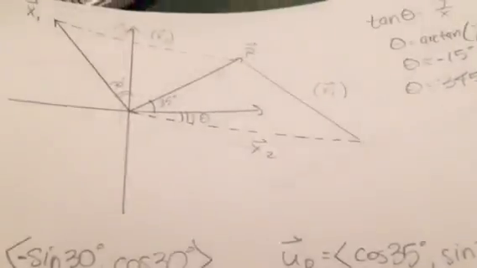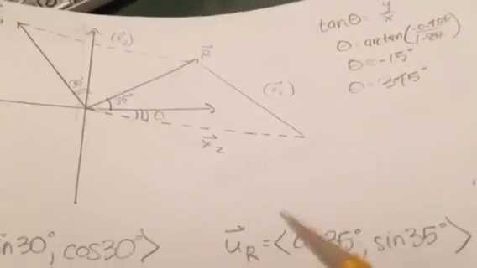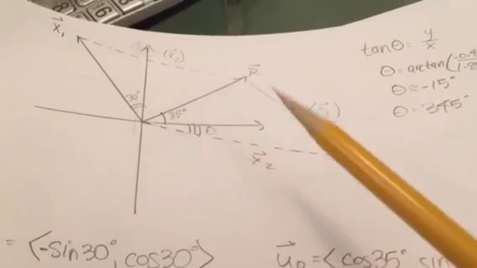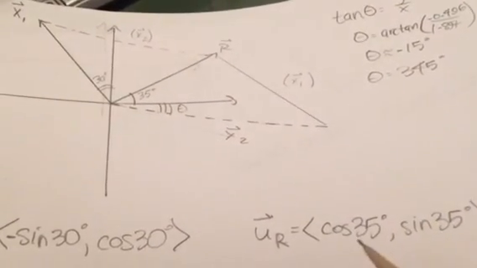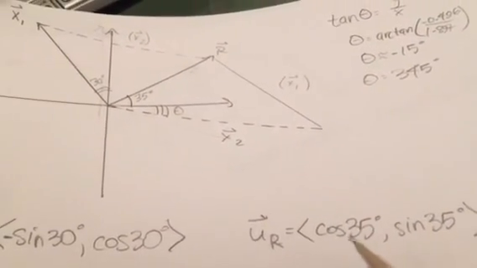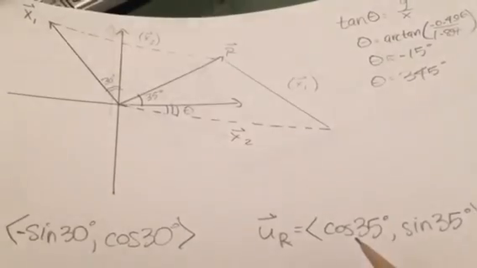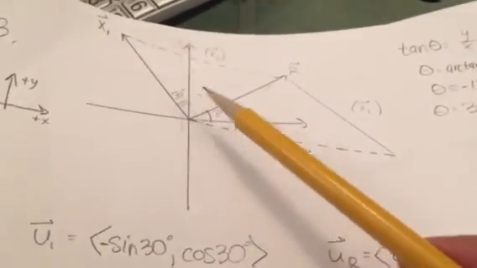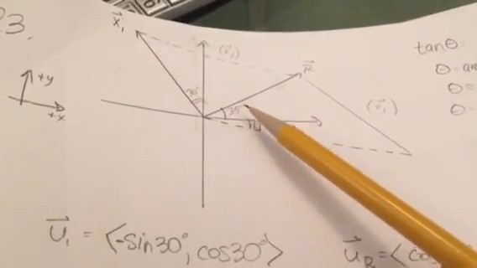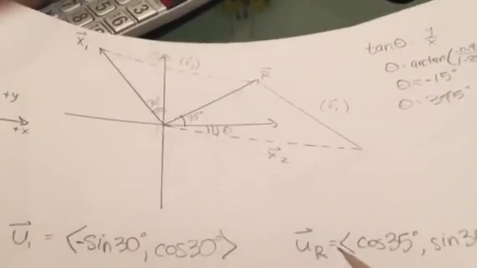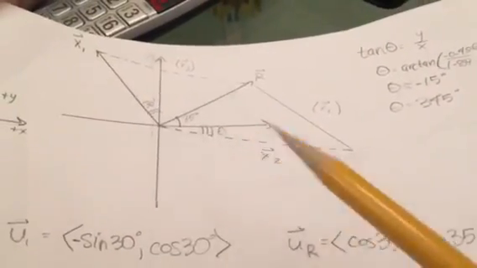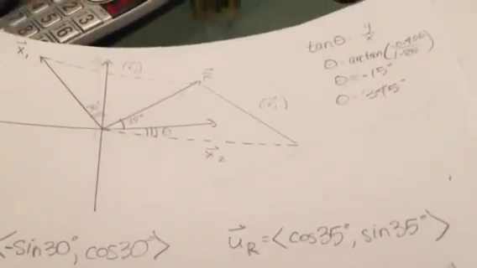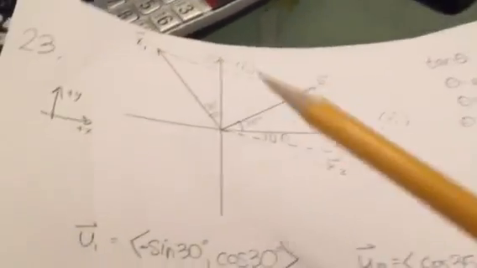So now I did a unit vector for the resultant vector, which is this one here. This time the x component is cosine 35 degrees. If you can imagine, again, this is a unit vector. This is not using the hypotenuse or anything. This is just a way of setting up what is going to happen next.